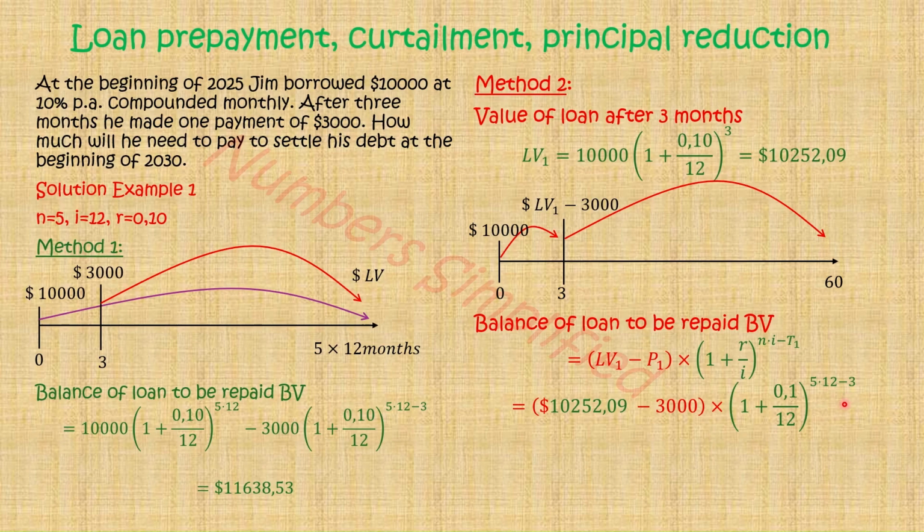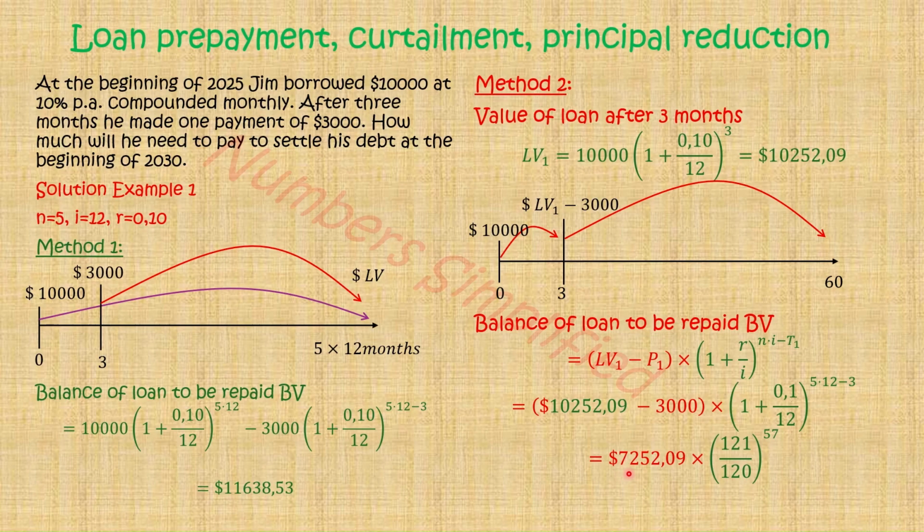I would encourage you once again to deal with what's inside the parentheses first. So dealing with LV1 minus P1, the 3000, then multiplying with what you would get inside the second set of parentheses raised to the power 60 minus 3, which is basically 57.